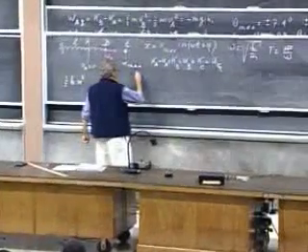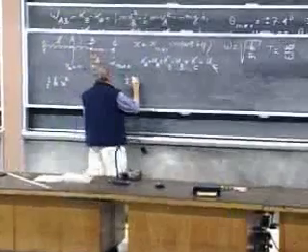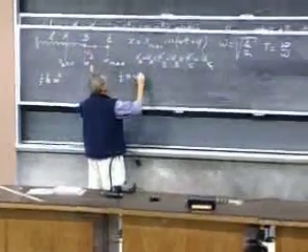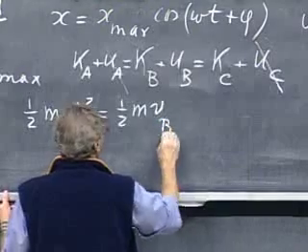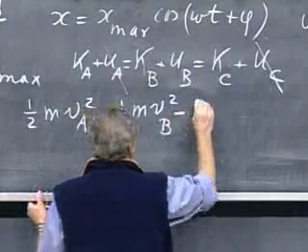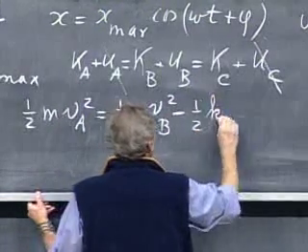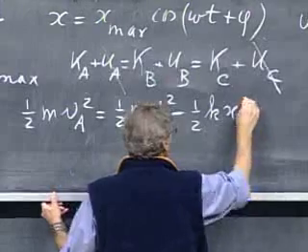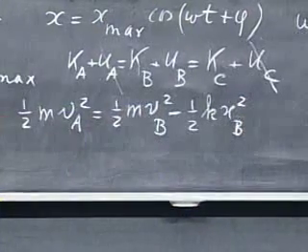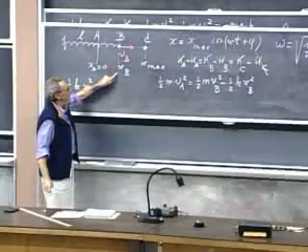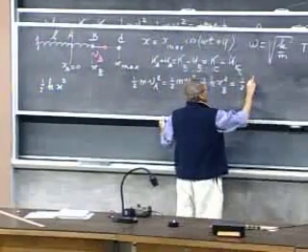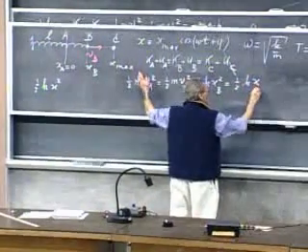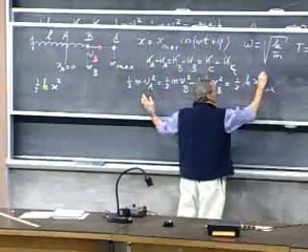So we get that 1/2 m VA squared equals 1/2 m VB squared minus 1/2 k x of B squared. That is the potential energy at this location. And that equals 1/2 k x of C, which we have called x max, squared.